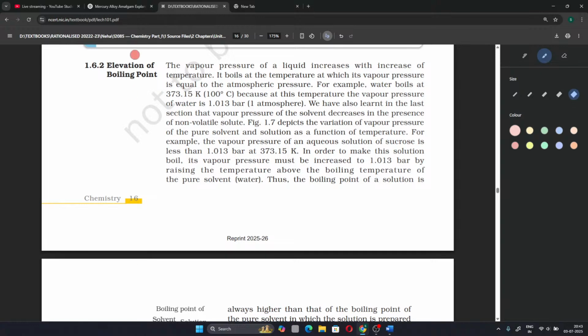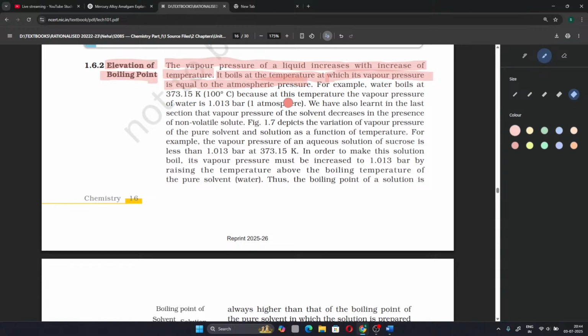Now the second colligative property is elevation of boiling point. The vapor pressure of a liquid increases with increase in temperature.